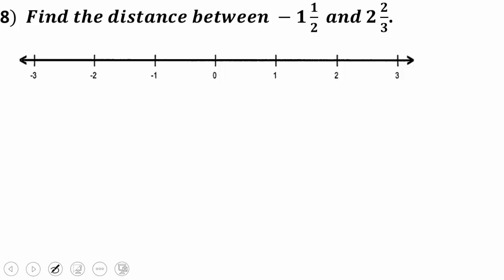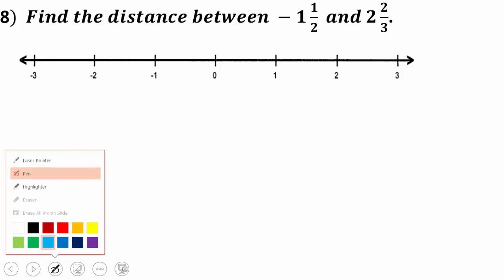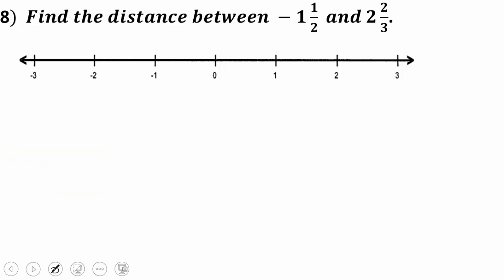This time I gave you a horizontal number line. And horizontal number lines are very important. We have a negative 1 and 1/2, so I'm going to start at 0 and go back to negative 1 and go somewhere right here. Negative 1 and 1/2. And we have 2 and 2/3, so we're going to be roughly up here somewhere, 2 and 2/3. So I recognize that 2 and 2/3 is greater, so 2 and 2/3 minus a negative 1 and 1/2.